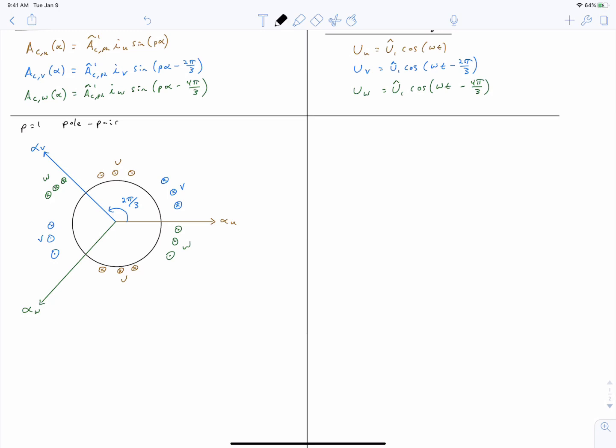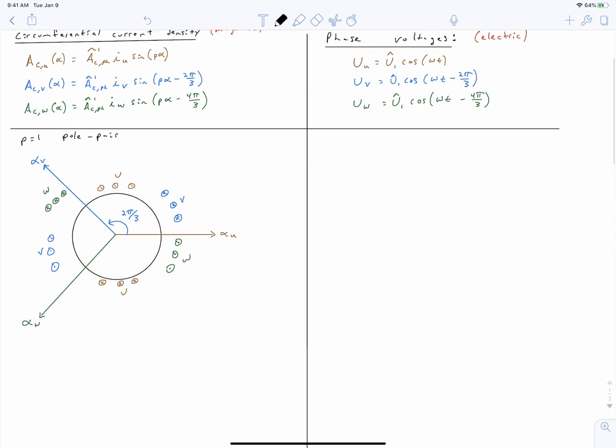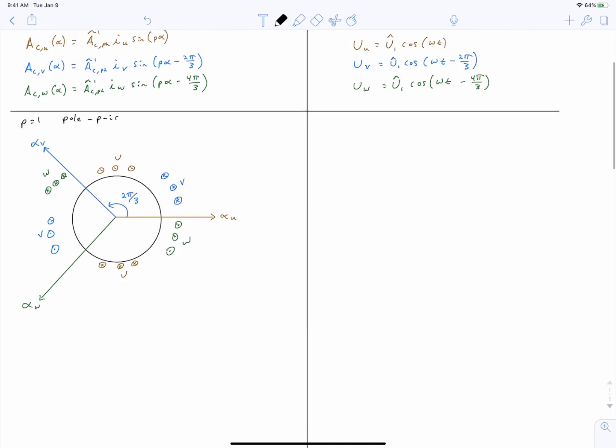Now, we studied our phase voltage by constructing the star of slots and then placing individual coils into phases. And we then constructed a phasor diagram that we were trying to realize from our star of slots. And our desired phasor diagram is the phasor representation of these three voltage waveforms that we've indicated above.